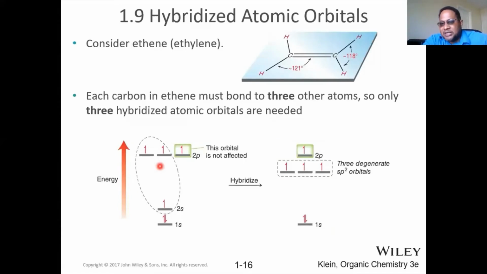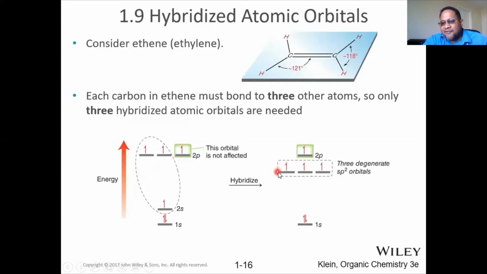Let's look at an sp2 hybridized carbon. So for an sp2 hybridized carbon, what am I saying with that? In that particular scenario, you have the 2s orbital mix with only 2 of the p orbitals. So one of the p orbitals is left unaffected.